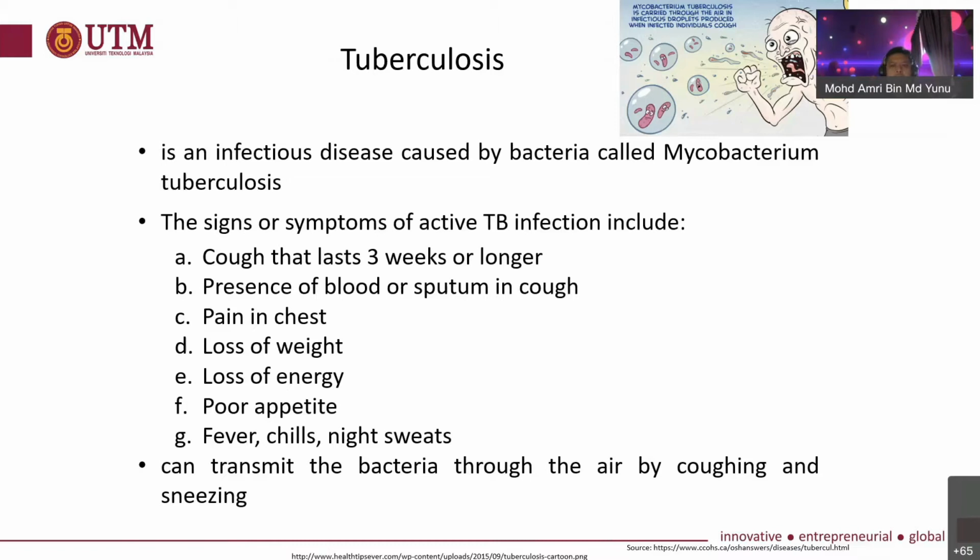So that's why in any family, if a family member got TB, everyone has to get the TB vaccine injection. And a person who got infected has to be treated. One of the treatments is to take the medication every day, antibiotics without fail.